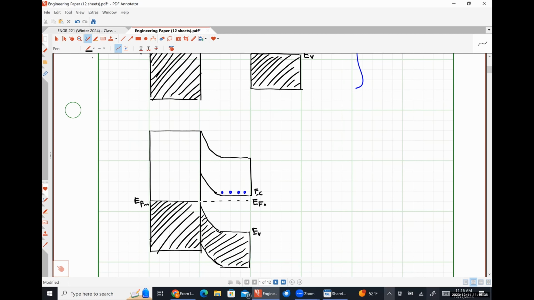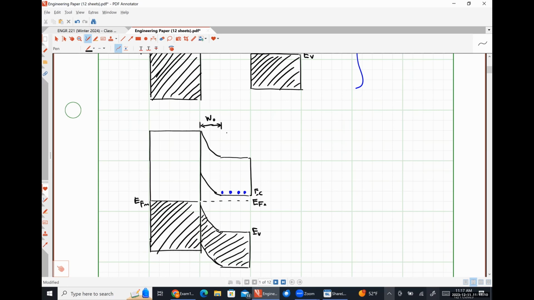What does that imply about the width of the depletion region for a junction like this? It is non-existent on the metal side, effectively. The depletion region only extends into the semiconductor material, right? So in this case, this is our width, W naught, like so, extending only into the semiconductor material.